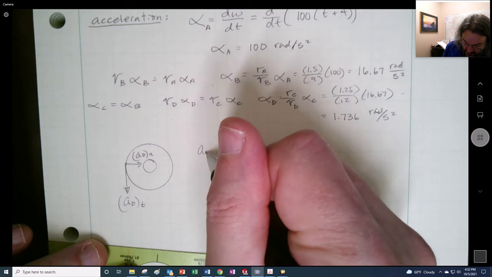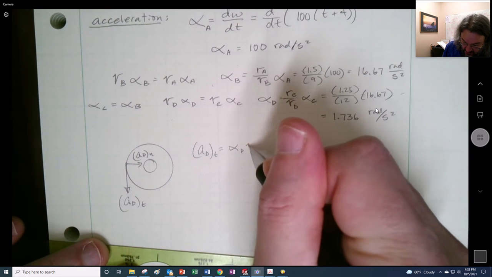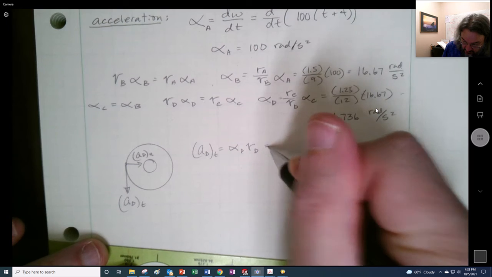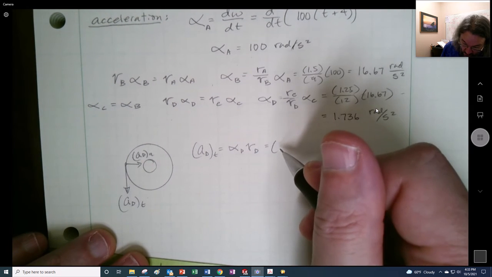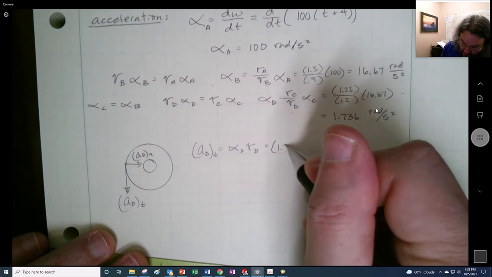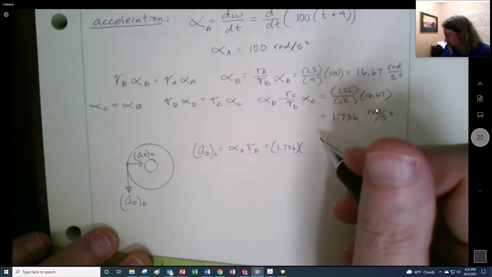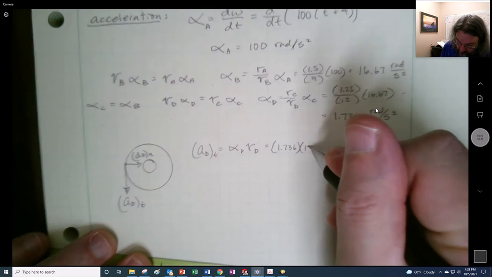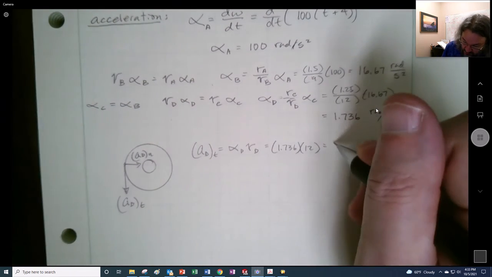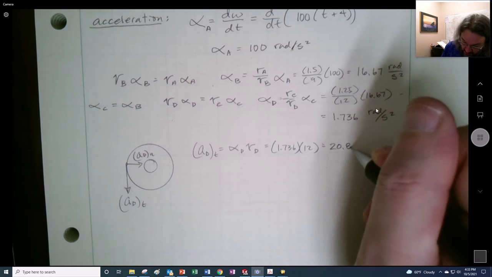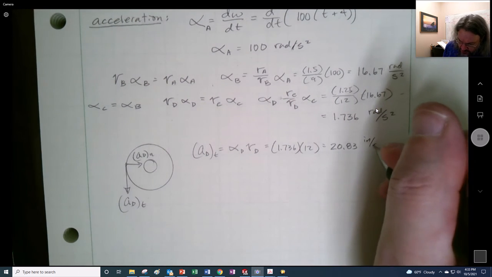So the acceleration of D in the tangential direction is going to be alpha D times RD, right? And so that becomes 1.736 times, what did we say D was, 12? So that's going to be 20.83 inches per second squared.